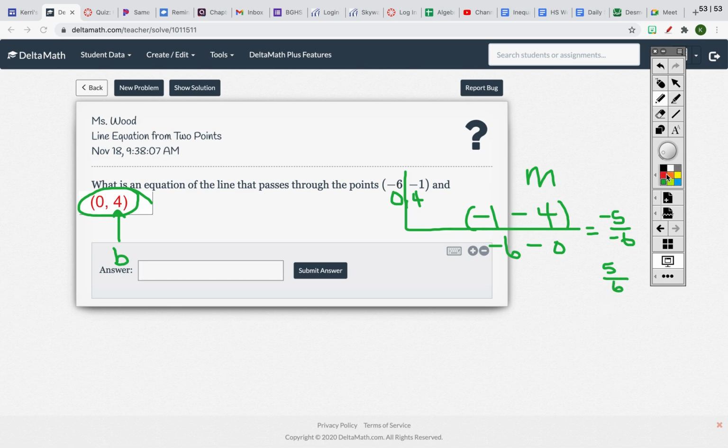So the equation of this line is y equals, what is my m? My m is 5 over 6 x plus 4. And that's how easy this was on the test.